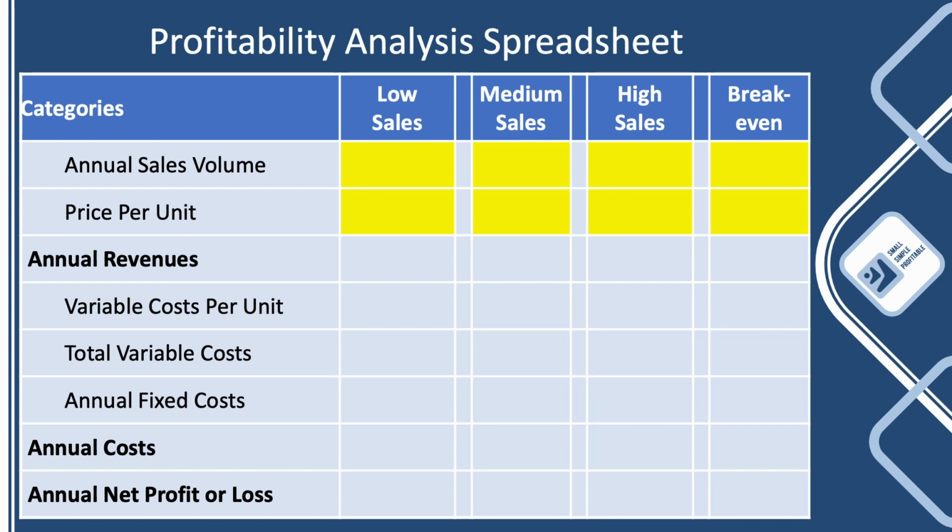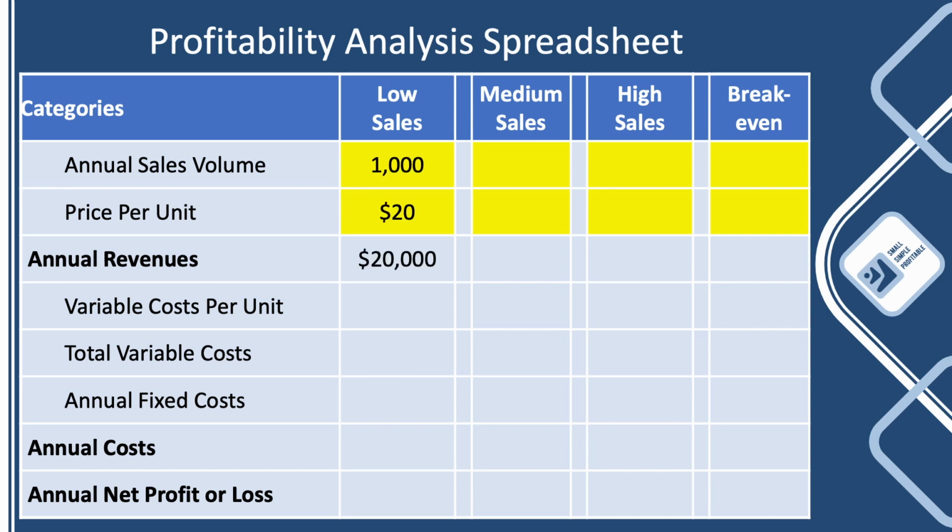The cells shown in yellow are where you will enter your estimates. The other cells are calculated for you by the spreadsheet using the estimates you provided in the yellow cells. There are 3 supplemental sections where you can enter additional estimates that will feed into the cells on this main spreadsheet. Let's walk through a simple example to show how all of these calculations work.